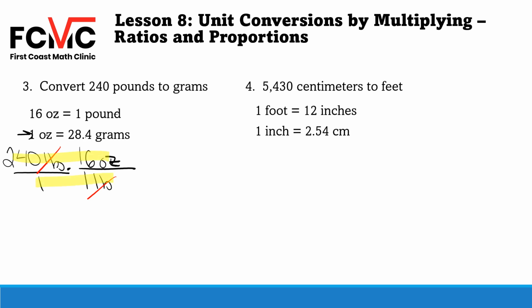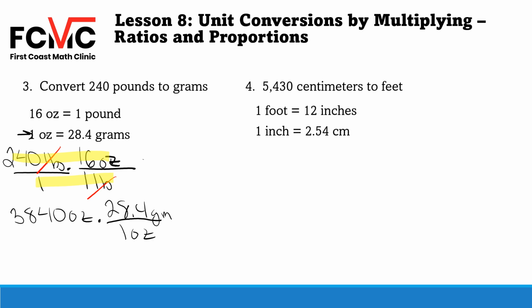Multiply straight across, and I get 3,840 ounces. Now I want to convert the ounces to grams, so I'm going to multiply by 28.4 grams over 1 ounce.